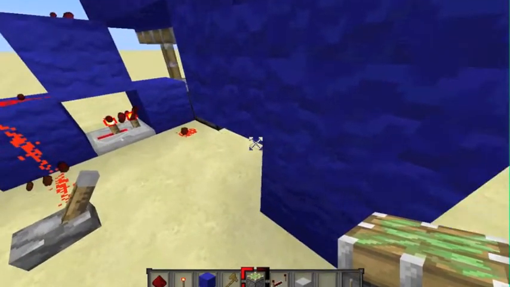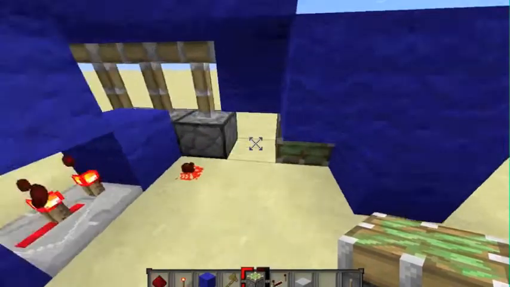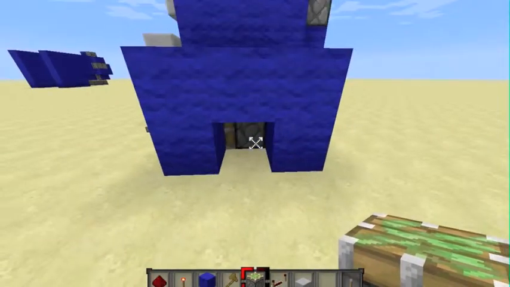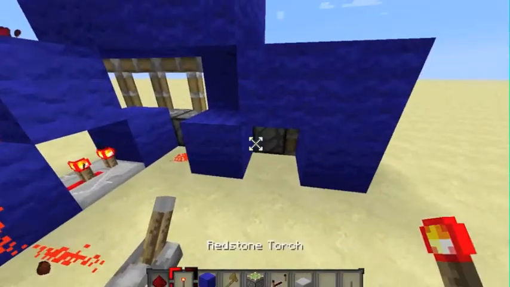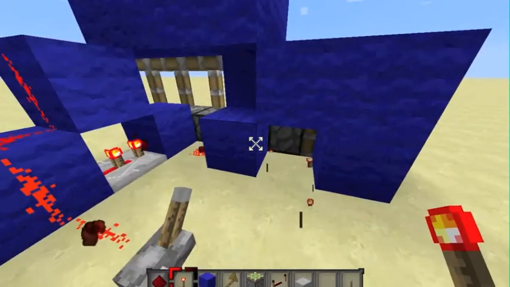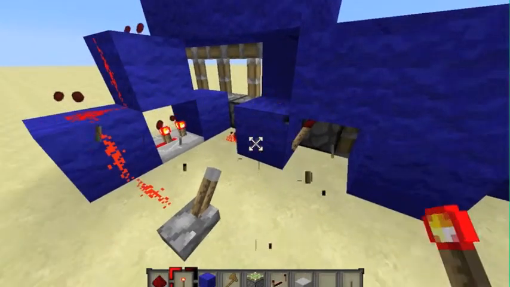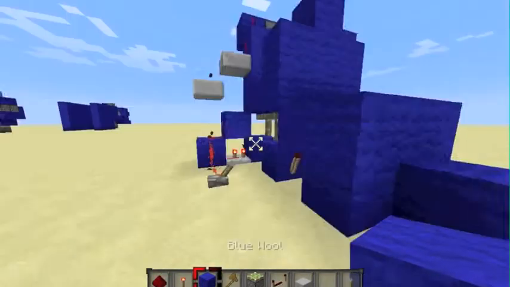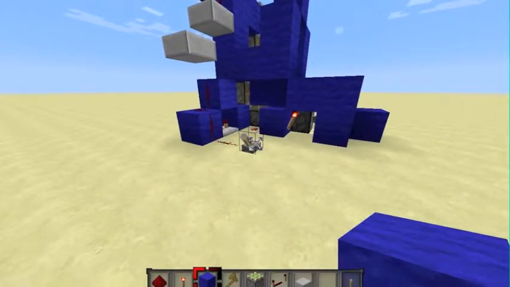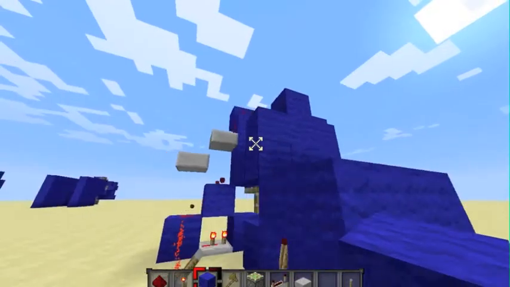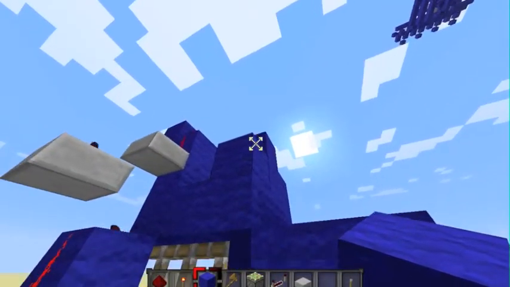So the piston goes right there, and then all you need to do is power it. And of course it got a 1-tick pulse. Then it'll retract up and you have your piston door of awesomeness.